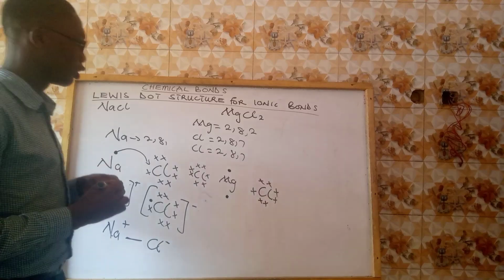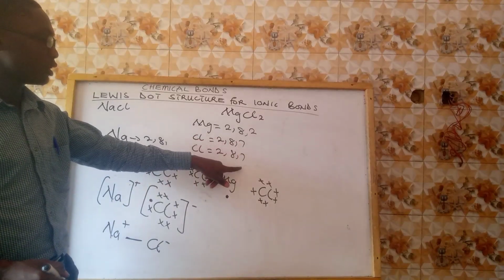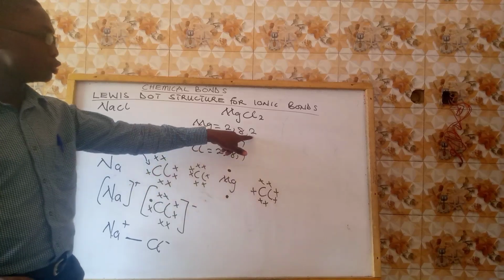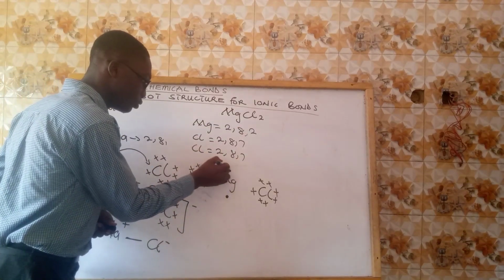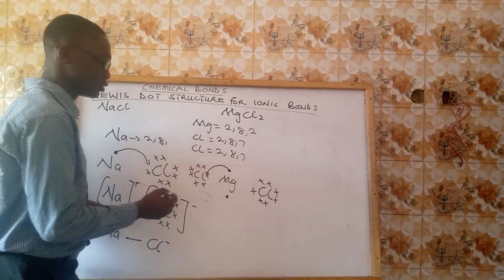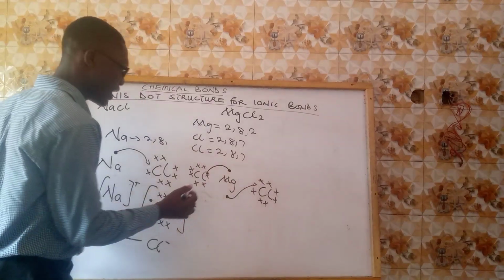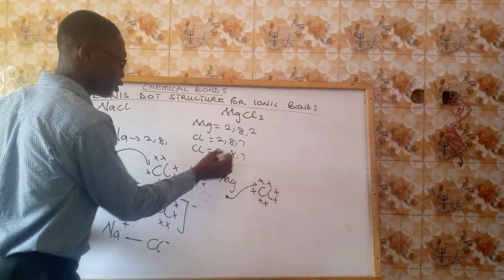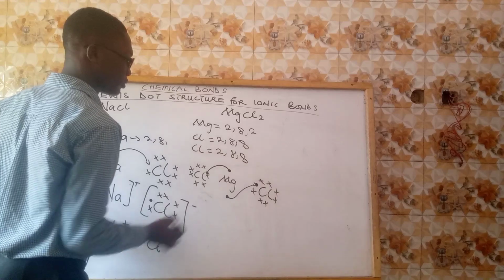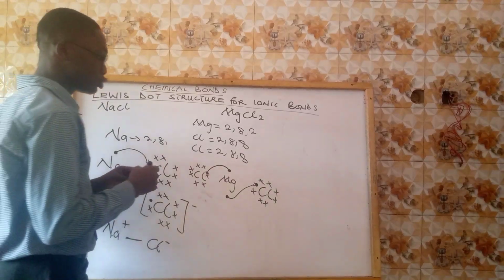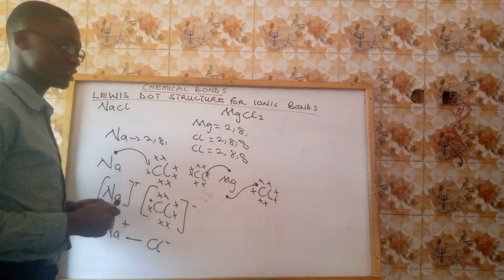Now, chlorine has to gain 1 to become stable, and magnesium has to lose 2 to become stable. So one chlorine will gain 1 of the magnesium's electrons, and then this one will also gain 1. So now we have 8 electrons in each chlorine. And since magnesium has lost 2 electrons, we have 8 electrons in its last shell.